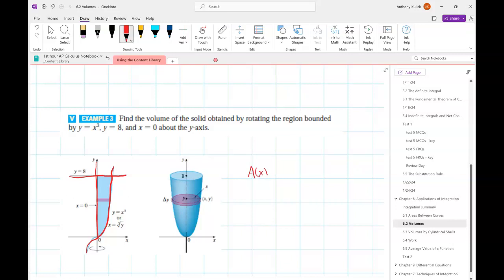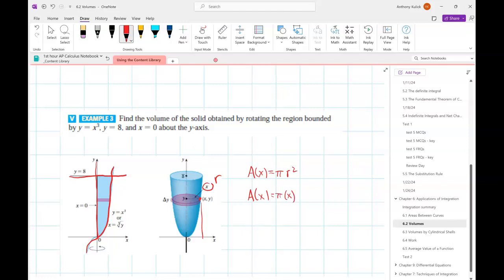So again, I noticed that that cross-sectional area is going to be a circle. The radius for the circle here is going to be this, which is just x, because we're just x over.